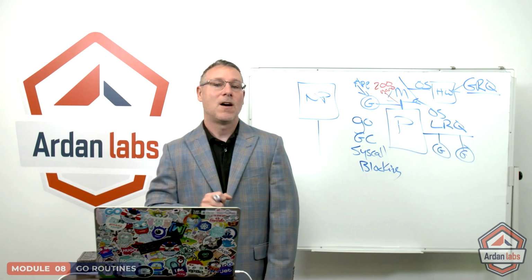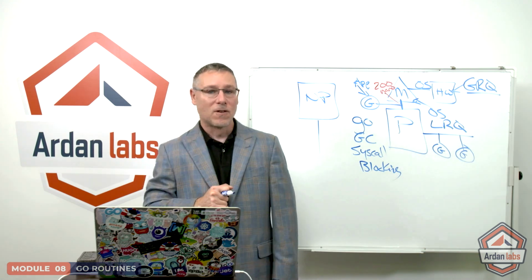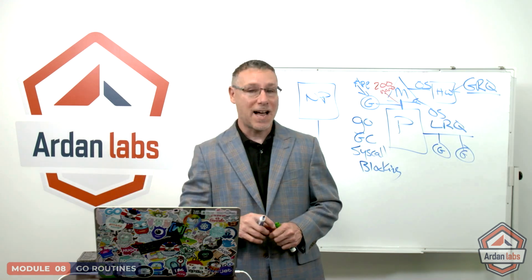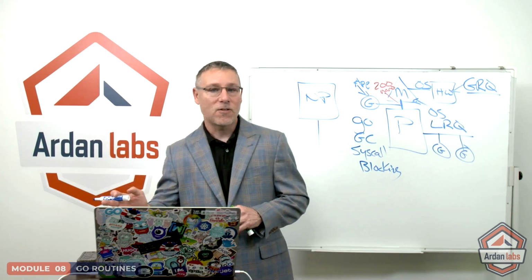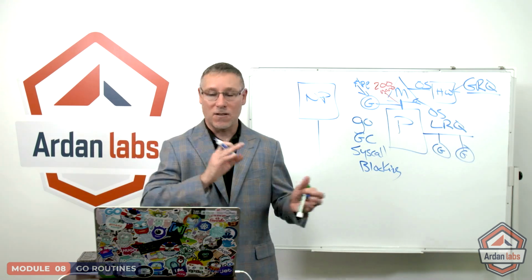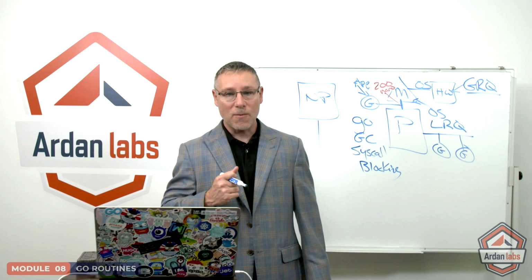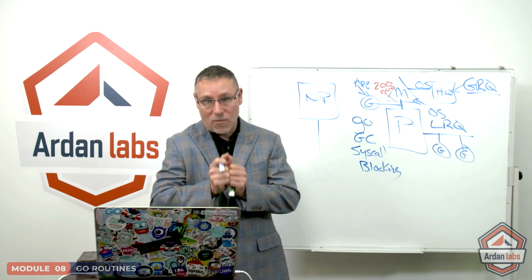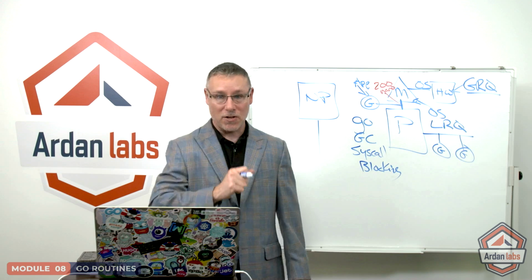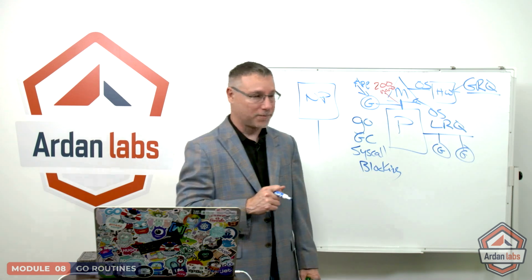Unfortunately, the operating systems, except for Windows, don't have strong support for file I/O in an asynchronous way. So anytime we're doing file I/O, we're going to be using those synchronous system calls. When we're doing networking, luckily, because the real bulk of the work we do is over the network, we're going to be leveraging asynchronous system calls and the network poller.